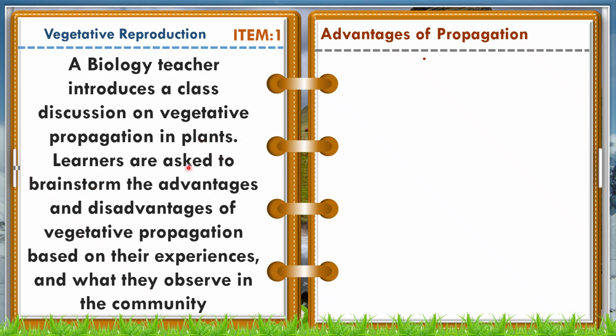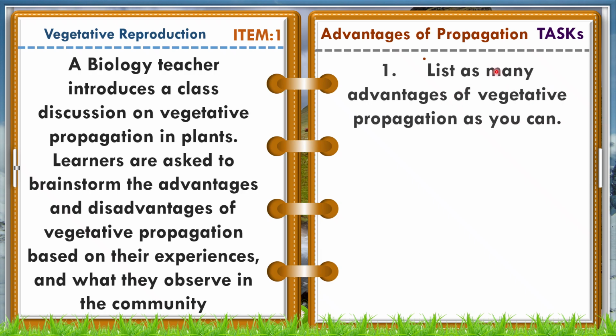Learners are asked to brainstorm the advantages and disadvantages of vegetative propagation based on their experience and what they observe in the community. Task: list as many advantages of vegetative propagation as you can.